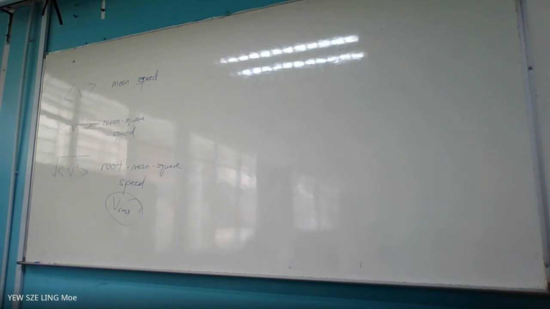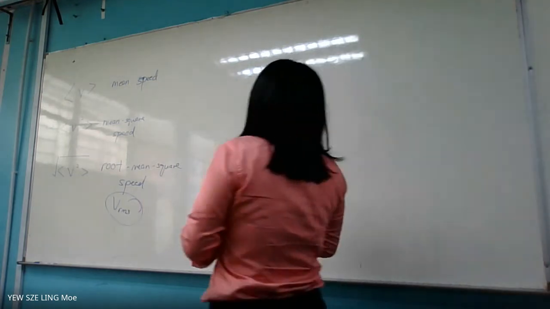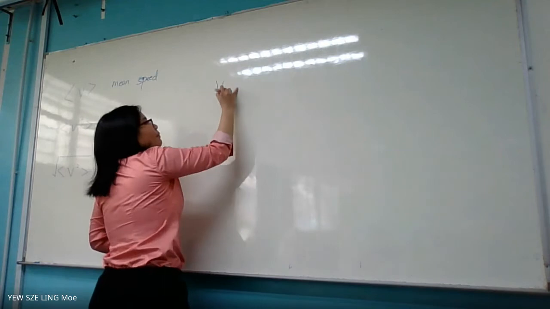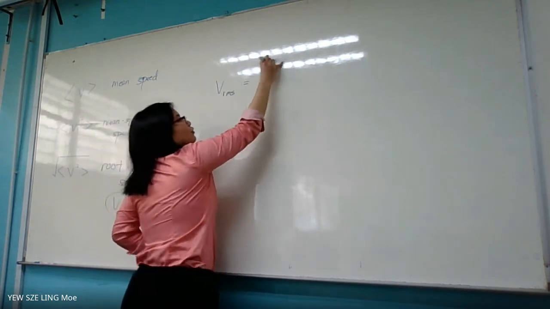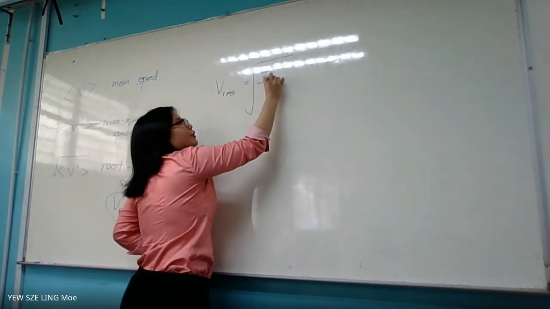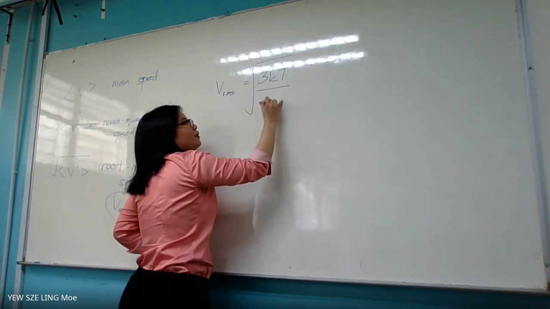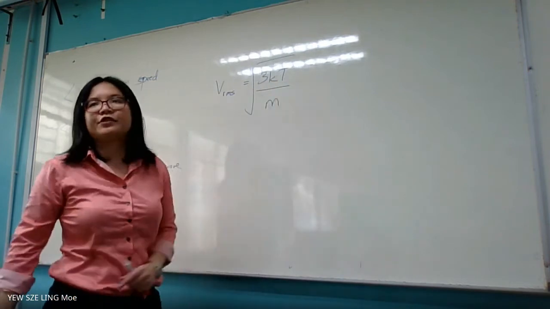Based on these 7 assumptions, they derived a set of equations that can be used to calculate VRMS. The first one: VRMS equals the square root of 3kT over small letter m. This is the first equation.